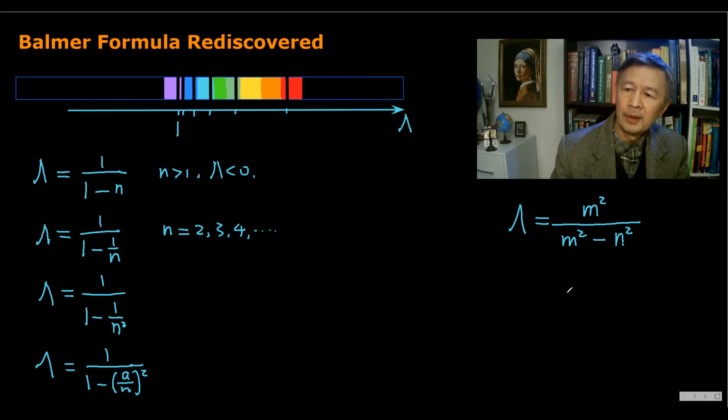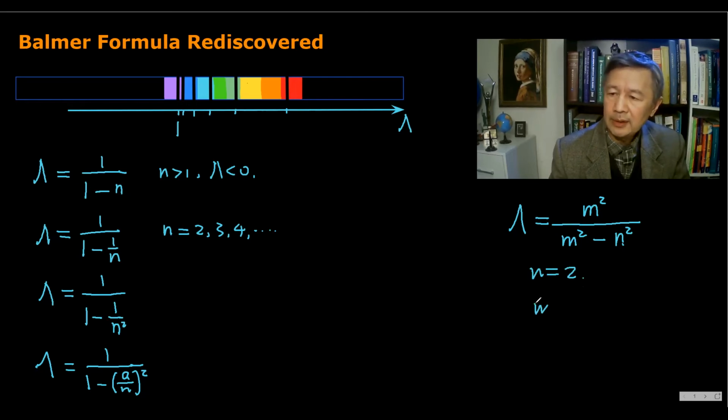The n here is a constant 2, and m is an integer from 3, 4, 5, and so on until infinity, because that will reach the limit of this minimum wavelength.